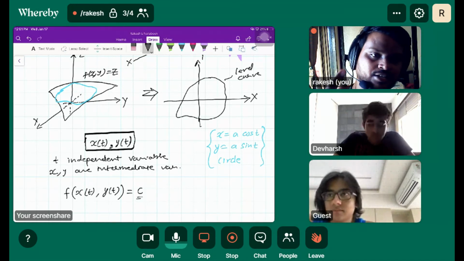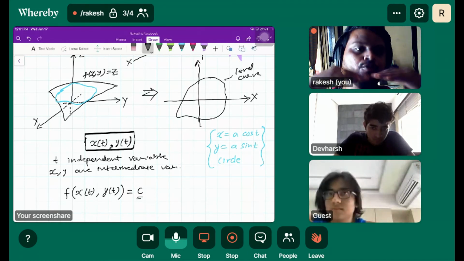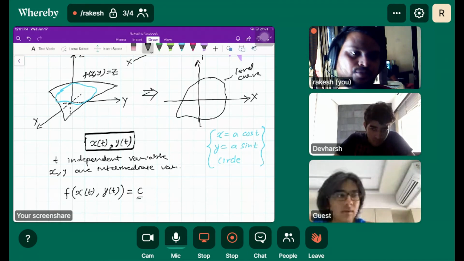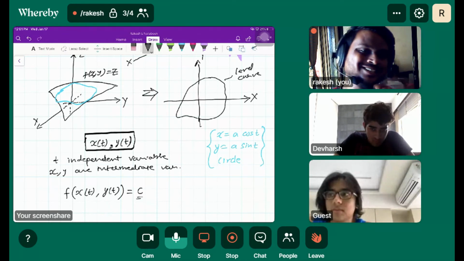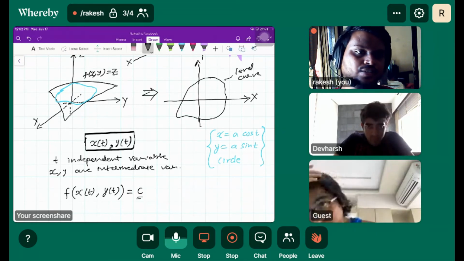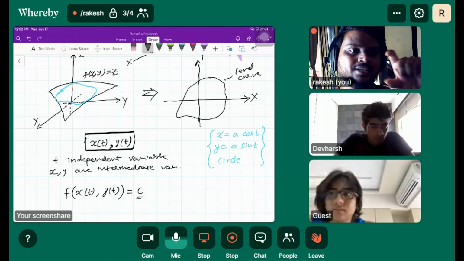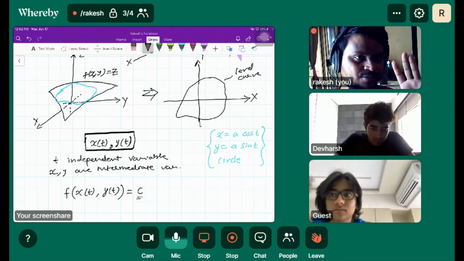The whole idea is based on how we obtain a level curve. We obtain a level curve by cutting the object at a certain height, horizontally obviously. That certain height is basically c. Are you getting what I'm saying here?